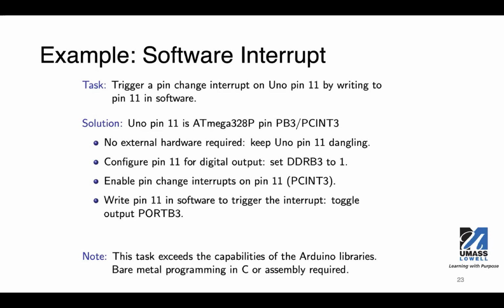But it's also possible that you don't use the IDE environment and the Arduino libraries. You can program by writing assembly or C language and operate these registers directly. That's called bare metal programming. You don't use those libraries.